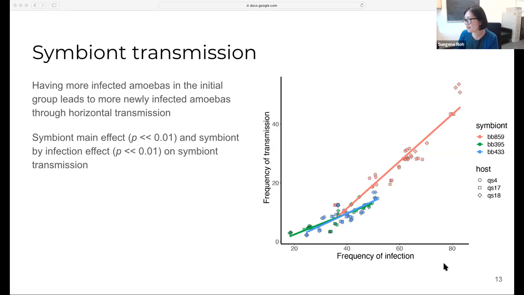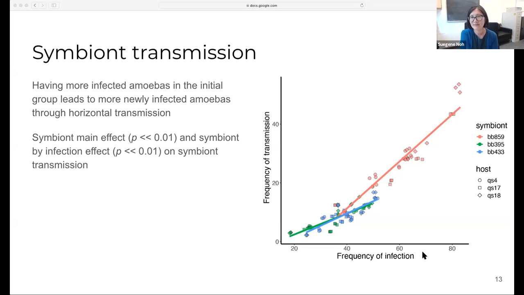When more infected amoebas are present initially, you see more transmission occurring as well. We know that this is horizontal transmission because when amoebas enter the social cycle, essentially no one goes into cell division again. So there's very little vertical transmission happening, if at all. The other thing that we see here is these different slopes. We recover the same difference in the frequency of infection that we saw in the previous slide, but we're also seeing different slopes.